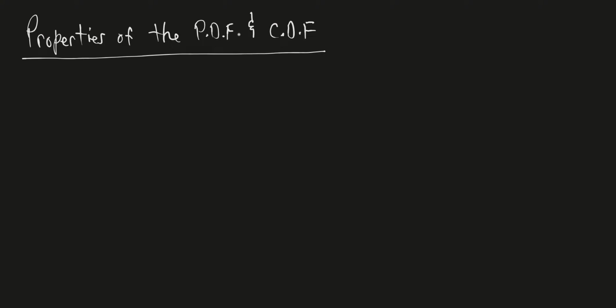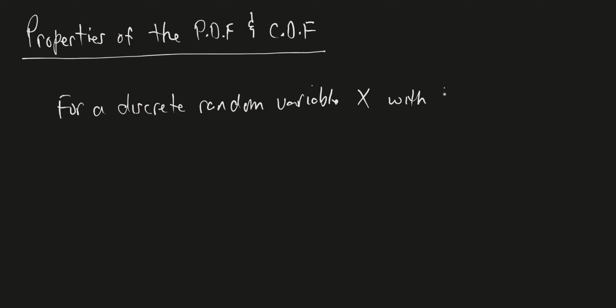So let's start with the PDF, also known as the PMF, right? So for a discrete random variable, let's call a random variable x, with possible values.